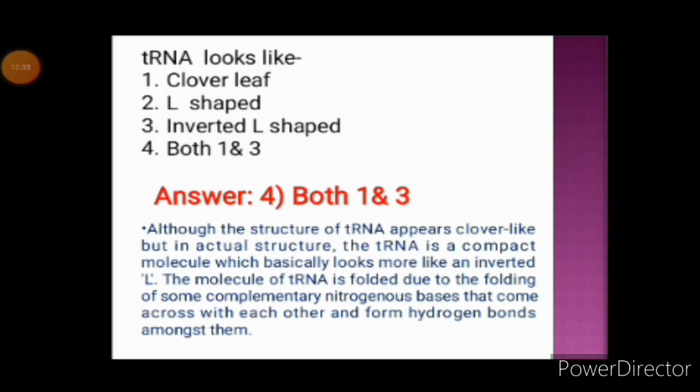Although the structure of tRNA appears clover-like, in actual structure the tRNA is a compact molecule which looks more like an inverted L. The molecule of tRNA is folded due to some complementary nitrogenous bases that come across each other and form hydrogen bonds among them. So the answer will be that tRNA looks like both a clover leaf and an inverted L-shape.